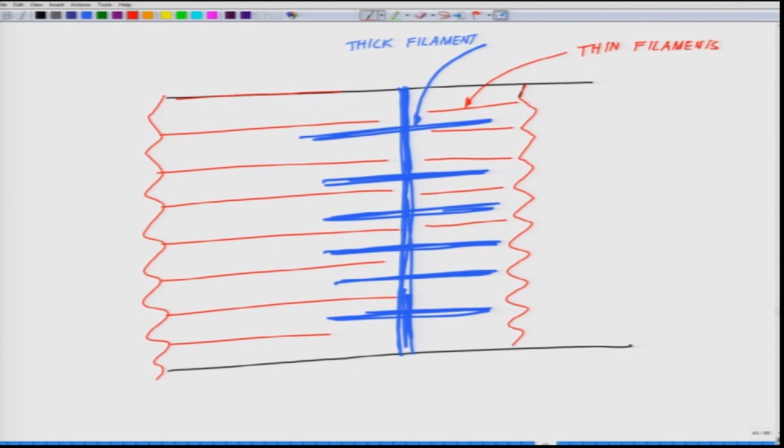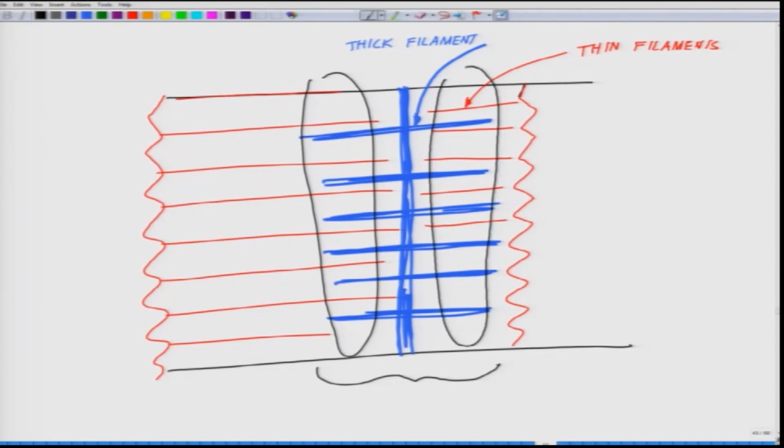And if you see this zone very carefully, you will see a lot of overlap here. Wherever there is an overlapping zone, there is an enormous amount of overlap taking place. I have not put the whole red out here, just let me put the red. So, look at it.